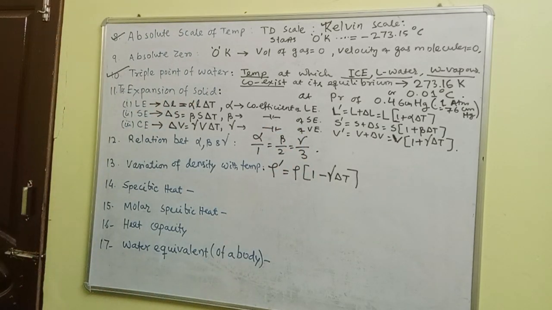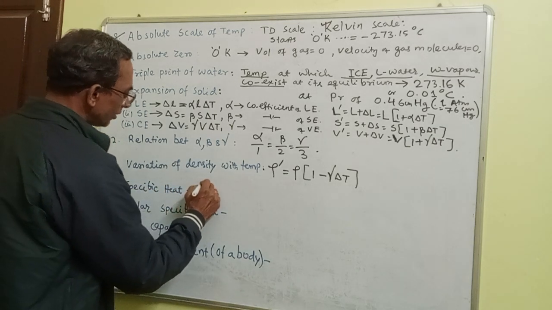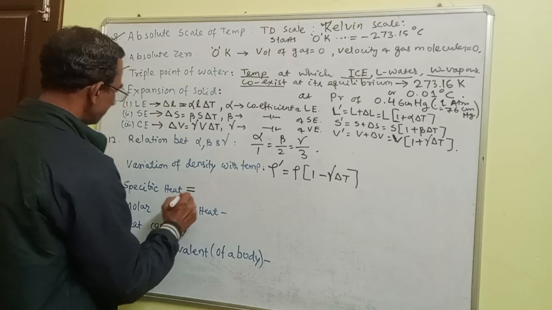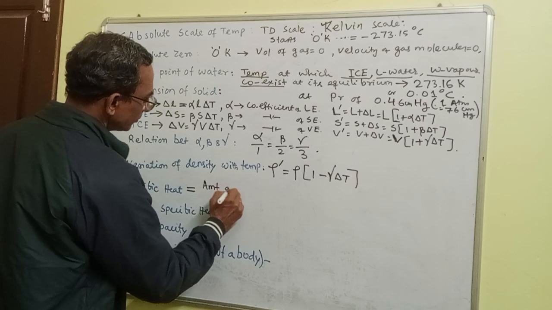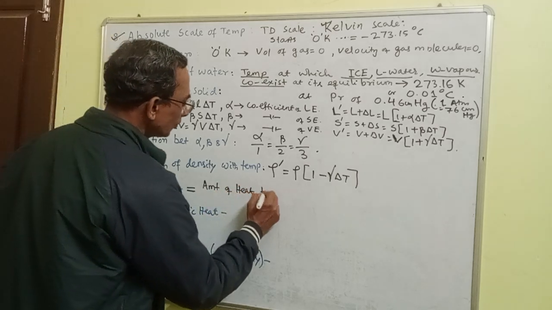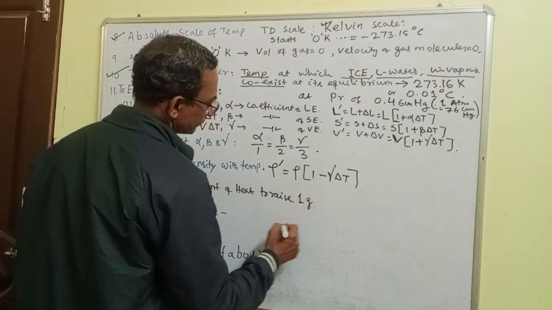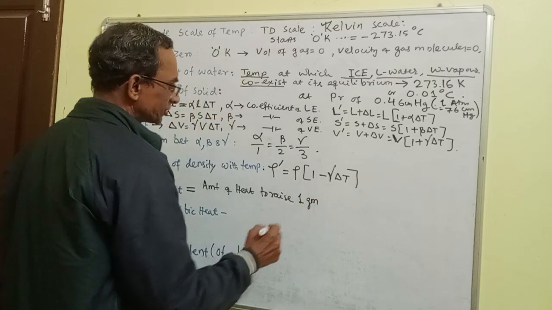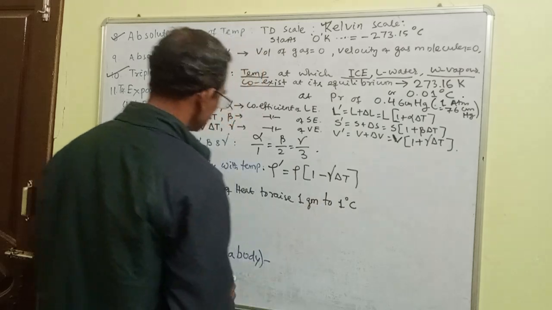Next, what is specific heat? The specific heat of any substance is the amount of heat required to raise 1 gram of substance by 1 degree Celsius.